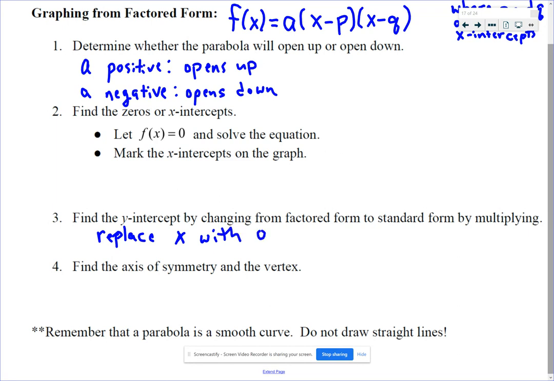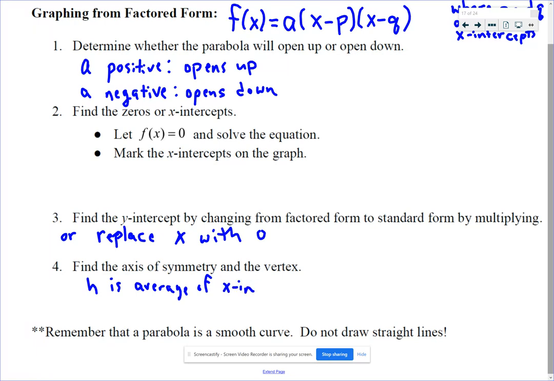And then you can find the axis of symmetry and the vertex without looking at the standard form as well. You can put it in standard form, multiply it all out, or you can find that axis of symmetry by using the fact that h is the average of the x-intercepts.